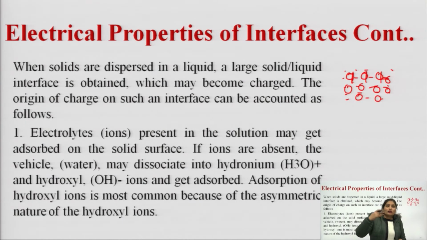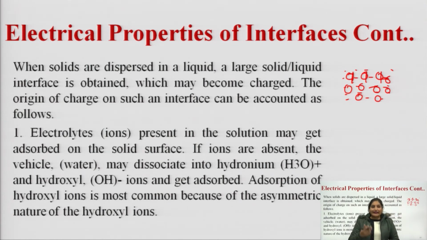If the electrolytes are not present, if ions are absent, in that case the vehicle, that is water, can also dissociate to form the hydronium ion, that is H3O positive, or hydroxyl ion. In that case the hydronium ion or hydroxyl ion can get adsorbed. And adsorption of hydroxyl ion is most common because of the asymmetric nature of the hydroxyl ions.